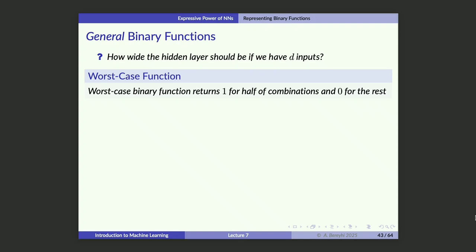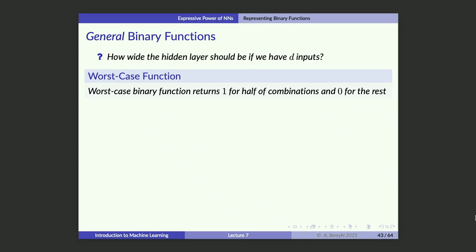The worst kind of function you can think of is the one which is just changing 0, 1 every single row, right? So the first row, for instance, is 1, 0, 1, 0, and so on. So half of the possible cases are 1, half are 0. This is the most complicated form of binary function you can think of. Just take it from my side, okay?